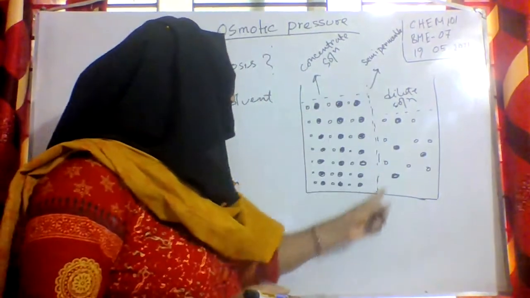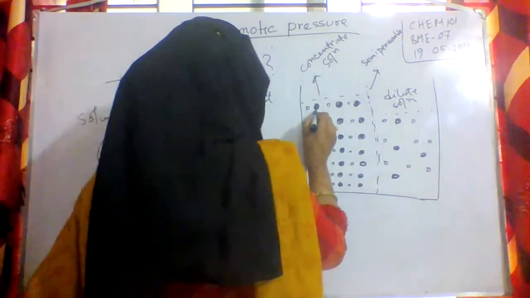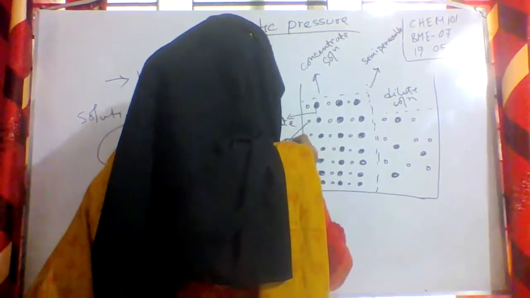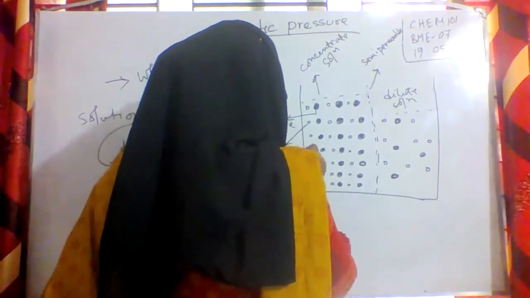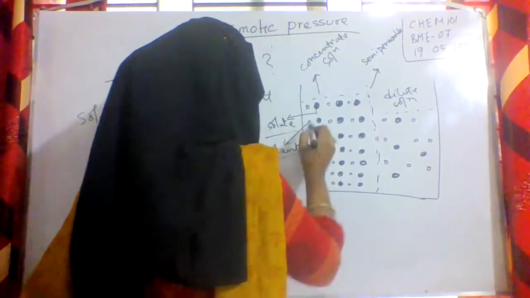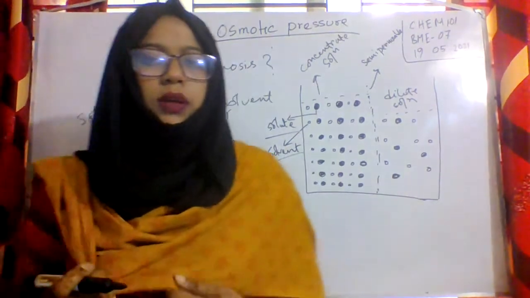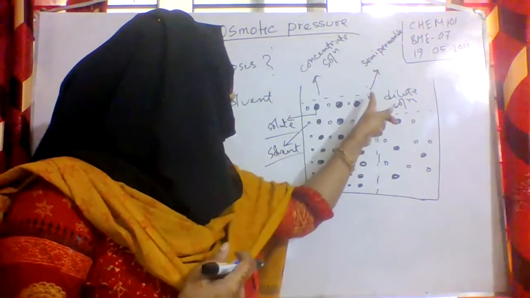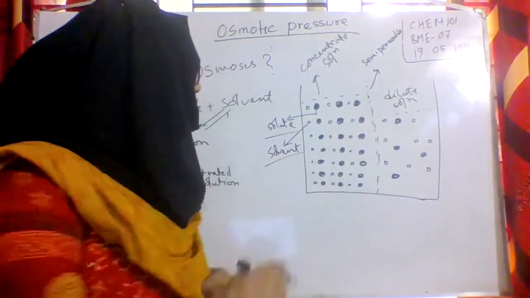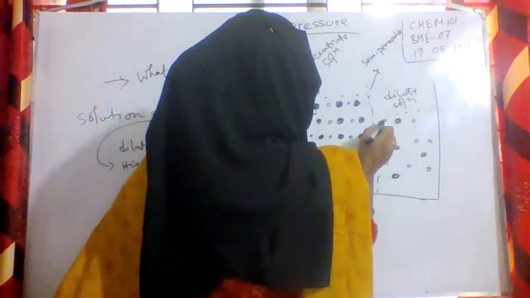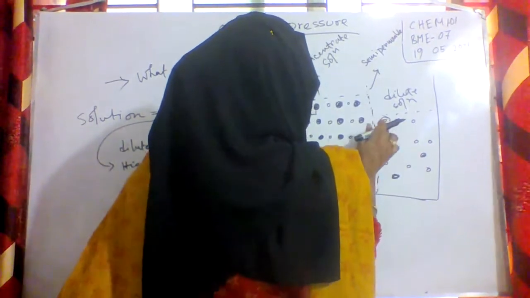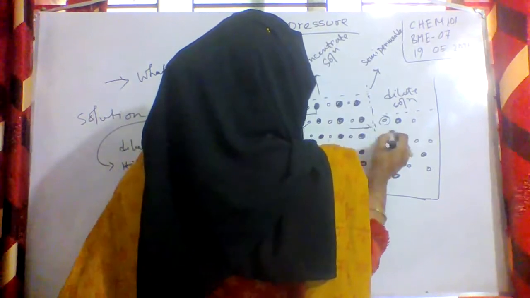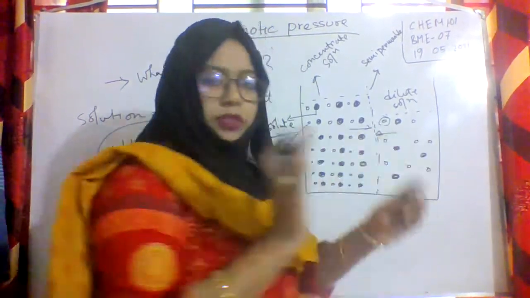And here a semi-permeable membrane, and this is the solute particle, and this is the solvent particle. Okay. So from the definition we know that the semi-permeable membrane can only pass the solvent particle from here or from here, from both sides.